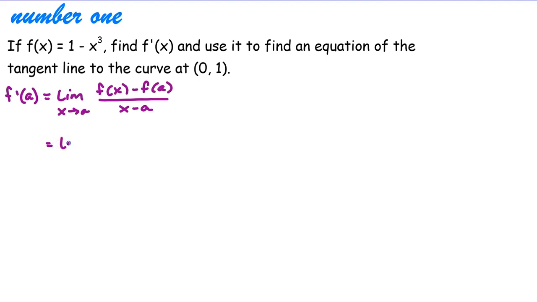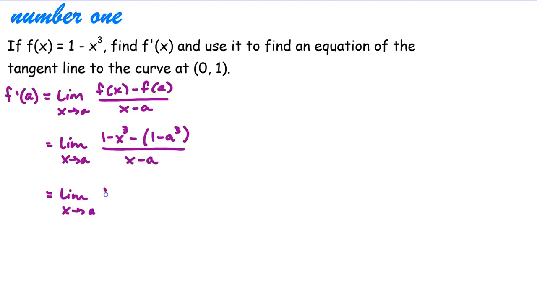So we have the limit as x approaches a of our function 1 minus x cubed minus our function with a plugged in. That's going to be 1 minus a cubed. Be sure to put parentheses around it, over x minus a. Now let's simplify. So we have the limit as x approaches a of 1 minus x cubed minus 1 plus a cubed over x minus a.